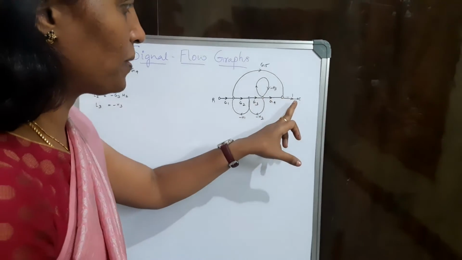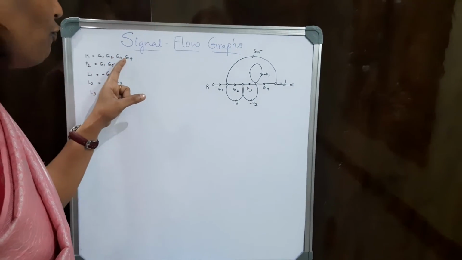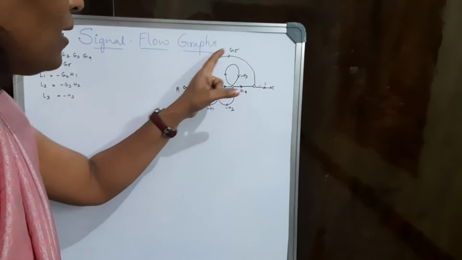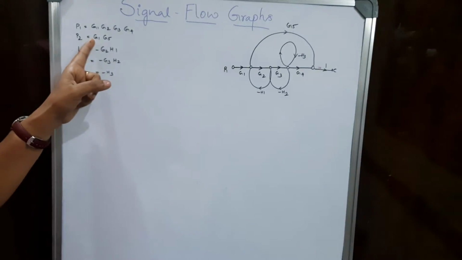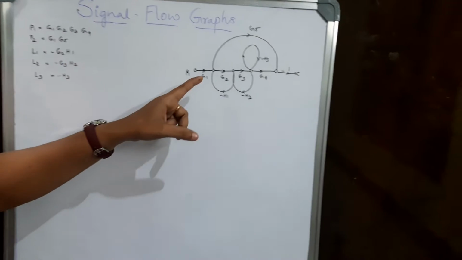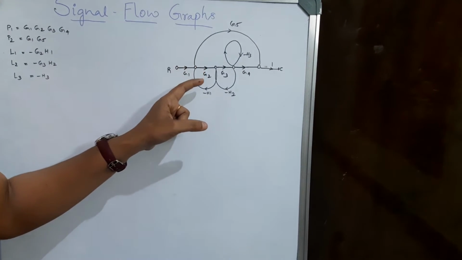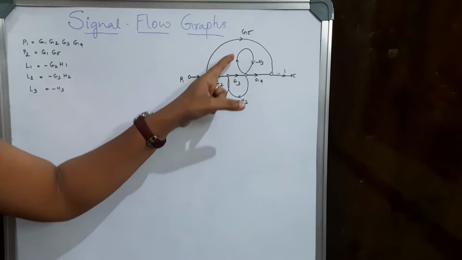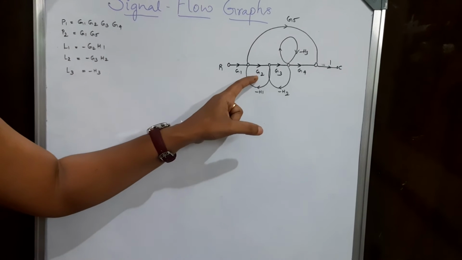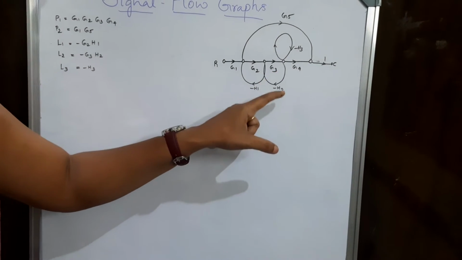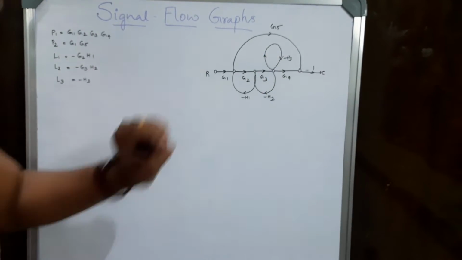There are two forward paths in the given figure, with gains G1, G2, G3, G4, and the second one, which connects the input node to the output node, having gains G1 and G5. There are three loops, which start and end at the same node, being L1, L2, L3, with the respective gains of minus G2 H1, minus G3 H2, and minus H3.